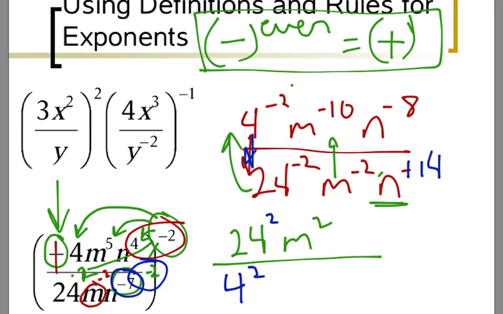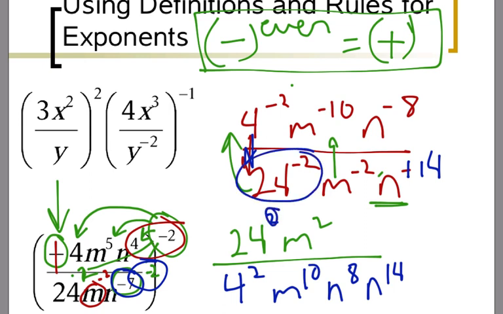And then the m to the 10th will go down on the bottom. The n to the 8th is down on the bottom. And still we have this n to the 14th. So 24 squared, sorry I didn't say that, I wrote it, is on top. So I need to figure out 24 squared and then simplify from there with the variables.